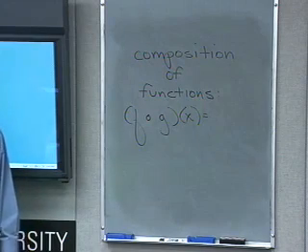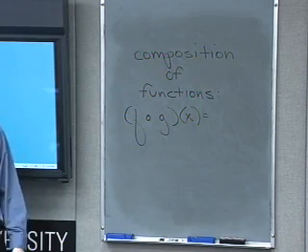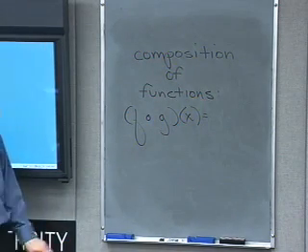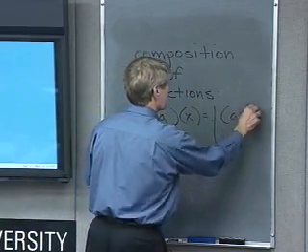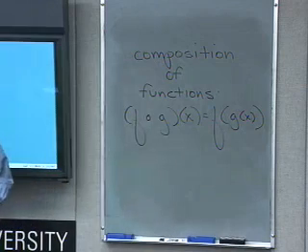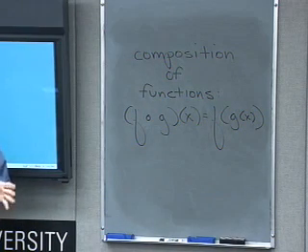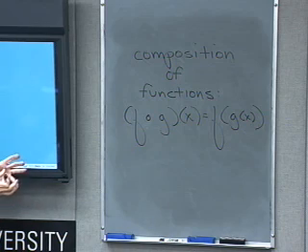So the f of the g would be how I would read that. And in fact, that really more or less describes what we're supposed to do: we take the g of x first, do whatever that says to do, and then once we're done with that, we throw that result back into the variable position of the f function.